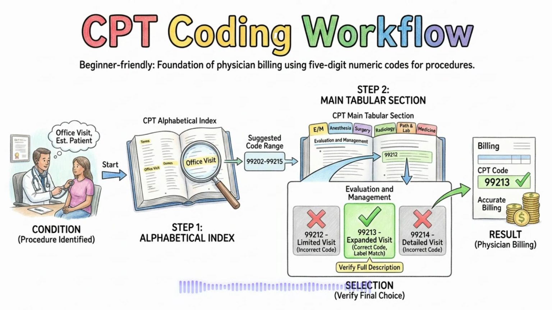When searching for a code, you will follow a similar process to diagnostic coding by first looking up the procedure in the alphabetical index at the back of the book. Once you find a suggested code range, you must turn to the main tabular section to read the full description and verify your final choice.